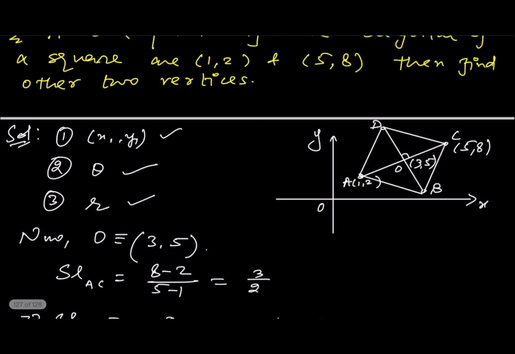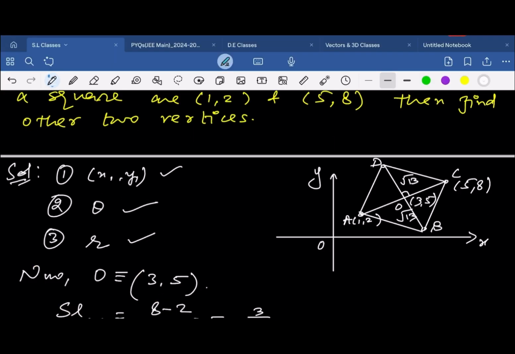So if OD is root 13, then OB is also root 13. If I need to find a point at a distance root 13 from O, then there will be 2 points. One is above O and one is below O.